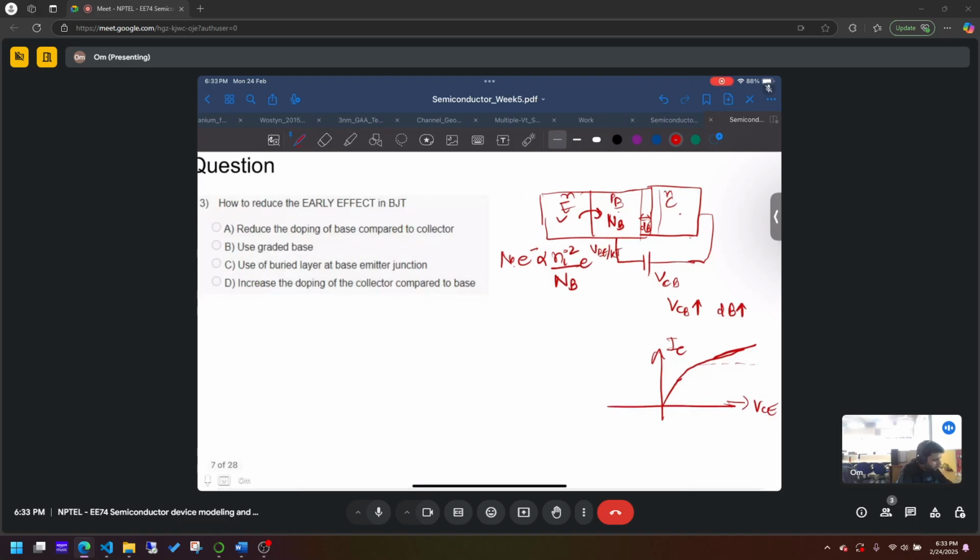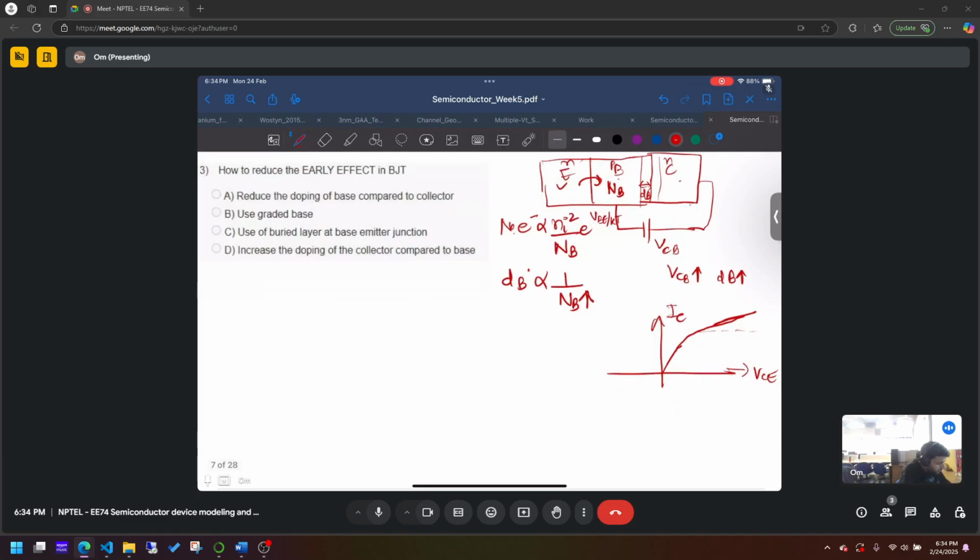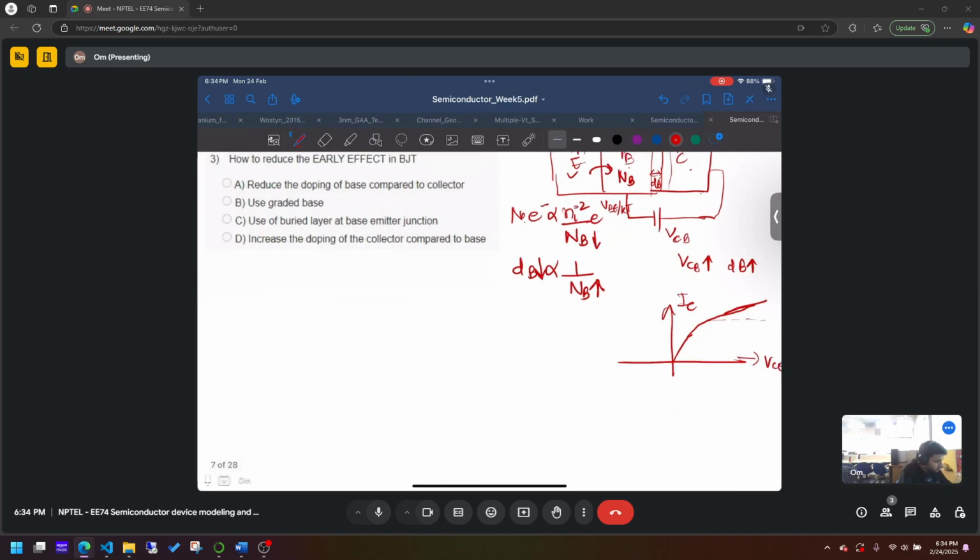And this depletion width d_B also is inversely proportional to N_B. So as N_B will increase, depletion width d_B will decrease, and here as N_B will decrease, the number of injected electrons will increase.